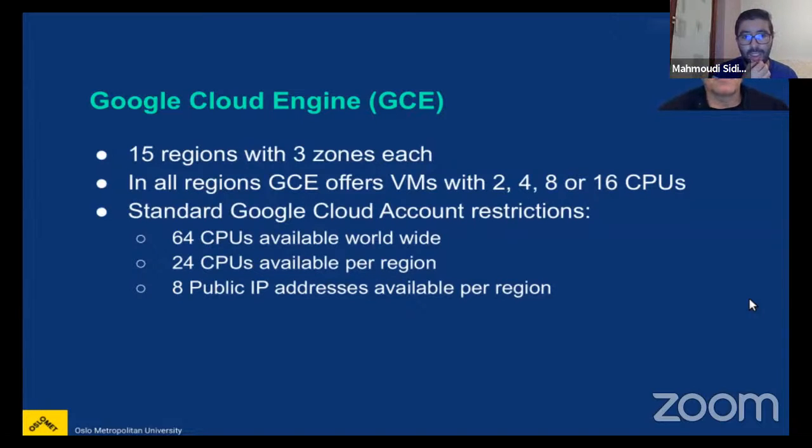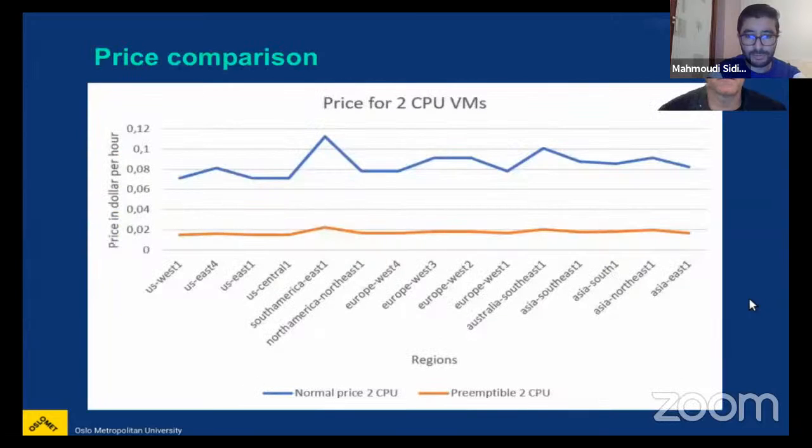There were some restrictions on using these VMs for standard accounts, and that was a maximum of 64 CPUs available worldwide. And for each region, there were at most 24 CPUs and 8 public IP addresses.